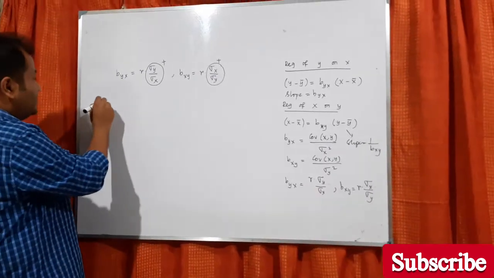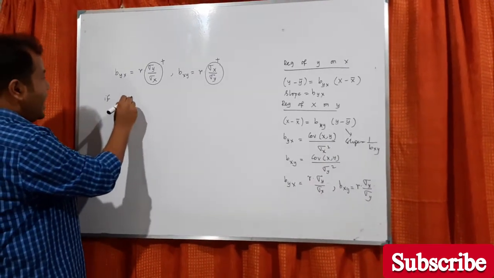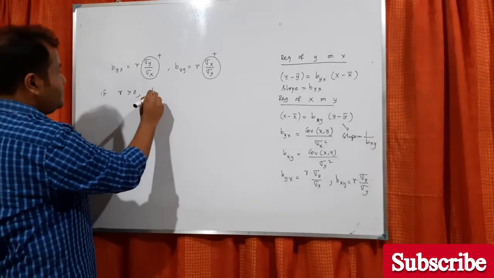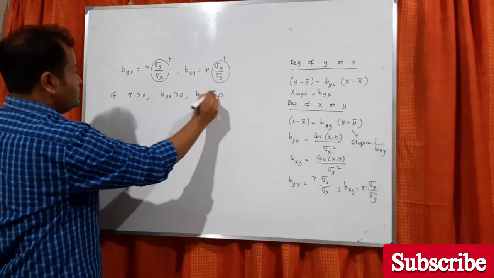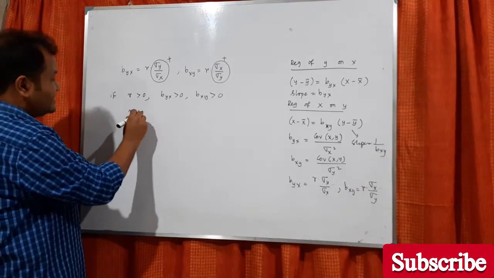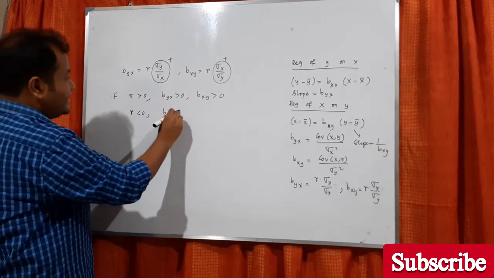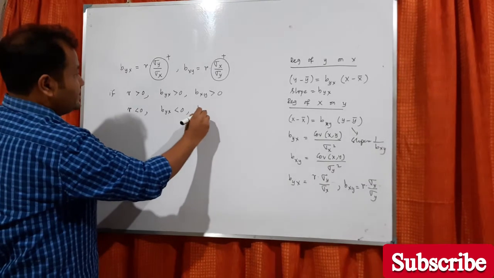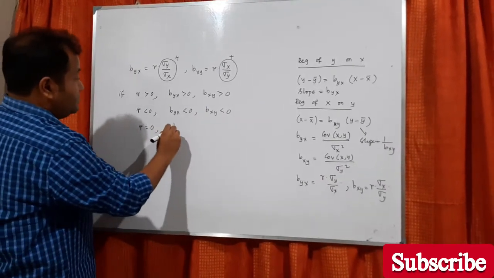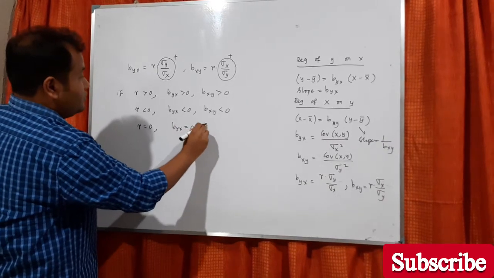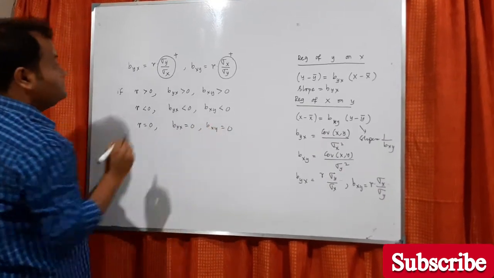So if r is greater than 0, then byx is greater than 0 and bxy is greater than 0. If r is less than 0, then byx is less than 0 and bxy is less than 0. If r equals 0, then byx equals 0 and bxy equals 0.